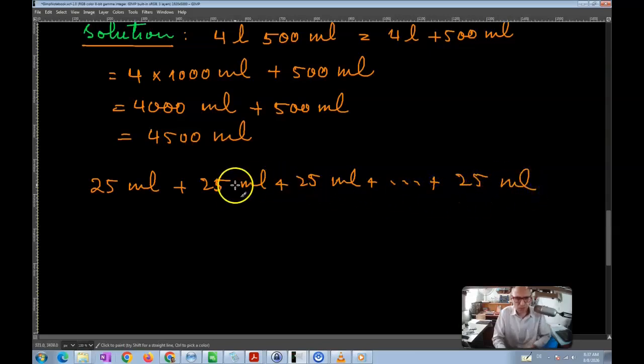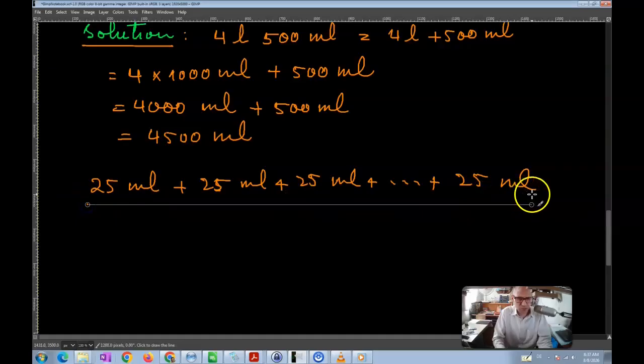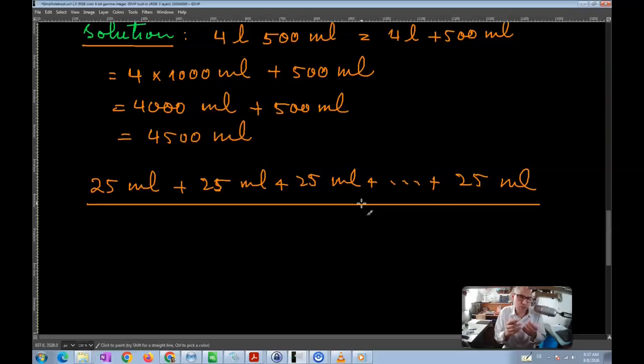You have to do this as many times as necessary, meaning equal to the number of glasses that you can fill, right?